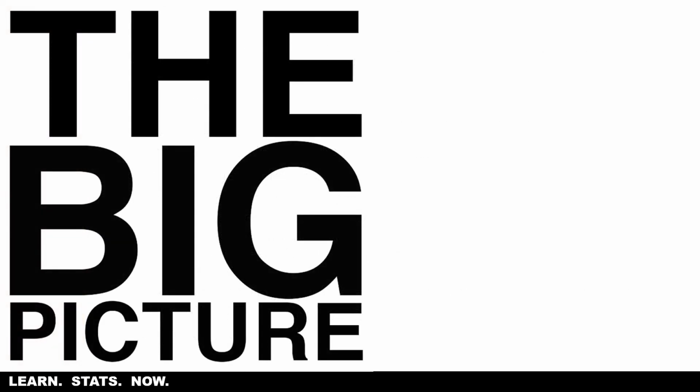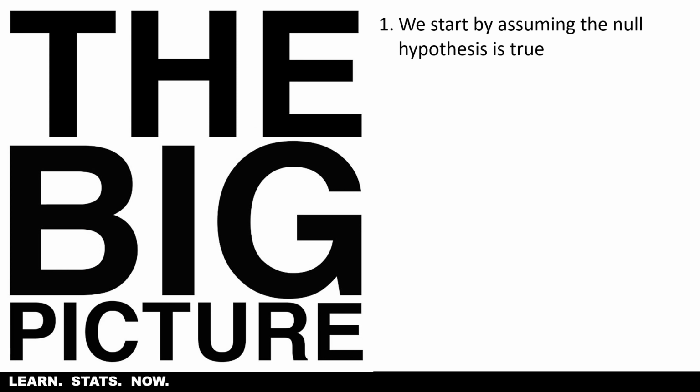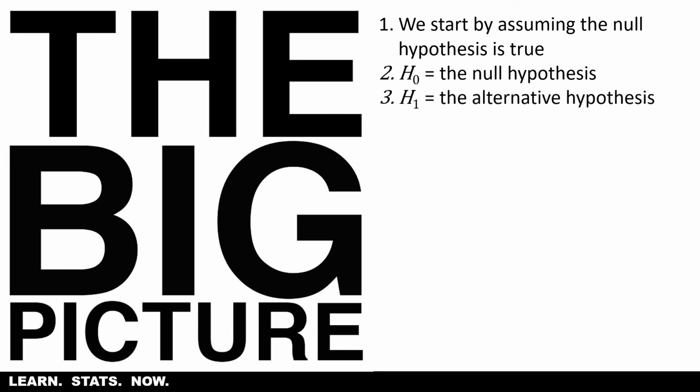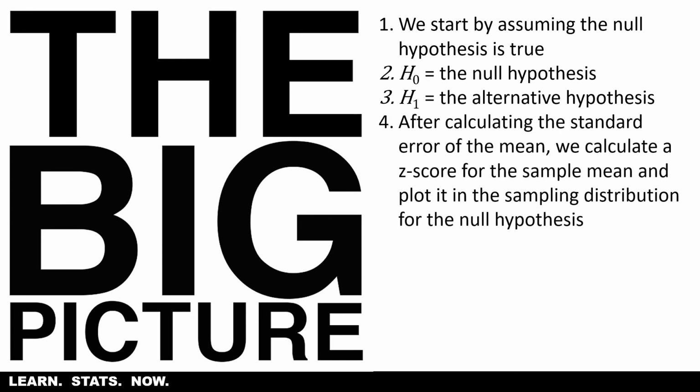So the big picture: we start by assuming the null hypothesis is true. H sub 0 is the term that we use for the null hypothesis. H sub 1 is the term we use for the alternative hypothesis. After calculating the standard error of the mean, we then calculate a z-score for the sample mean and plot it in the sampling distribution for the null hypothesis.